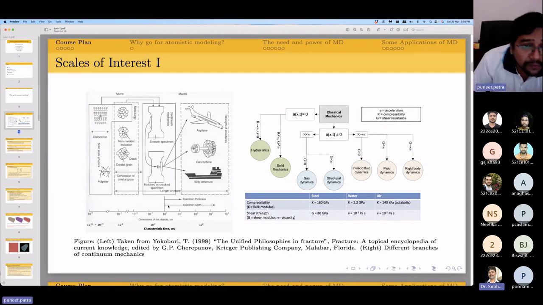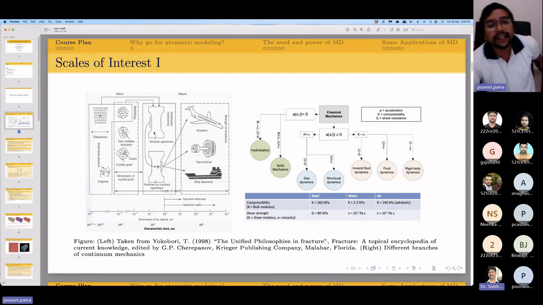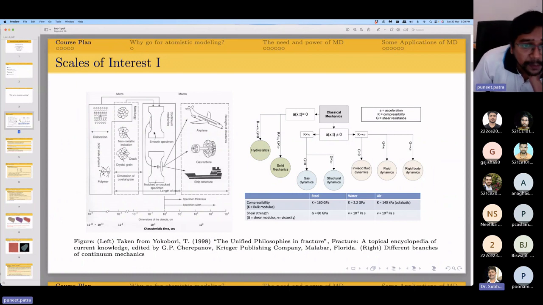So if you zoom in very carefully in any material, you would find that this material, although it may seem continuous, is typically made up of a large number of what are known as crystals, having different orientations. A group of such crystals come together to form a grain and a grain boundary. Cracks typically propagate through this grain boundary.